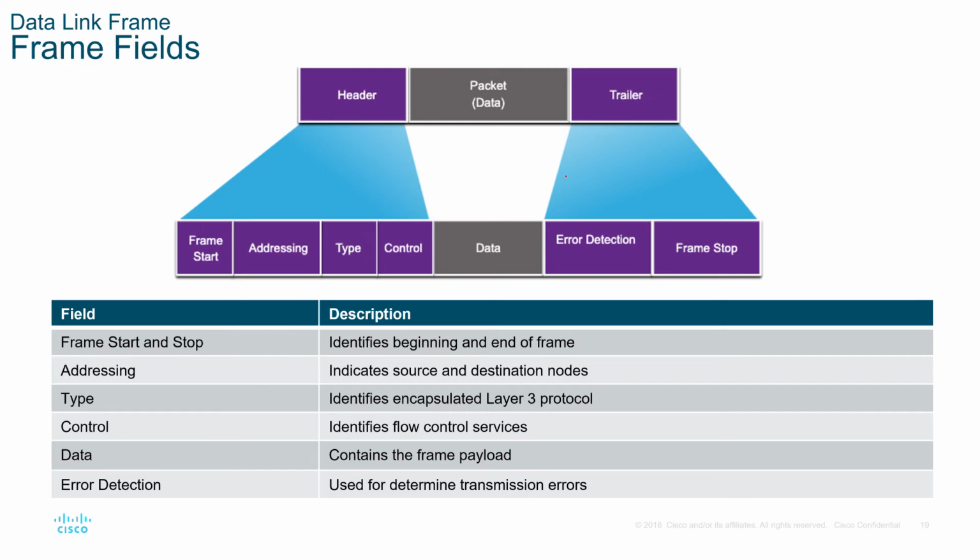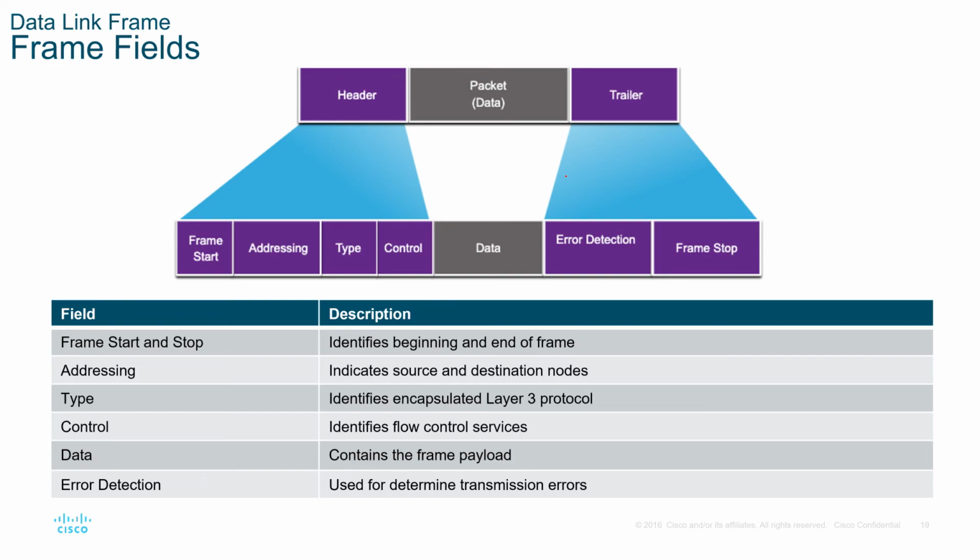We may also have a type field. This would identify what layer 3 protocol, either IPv4 or IPv6. We may have a control field, which identifies flow control services. This provides us quality of service.